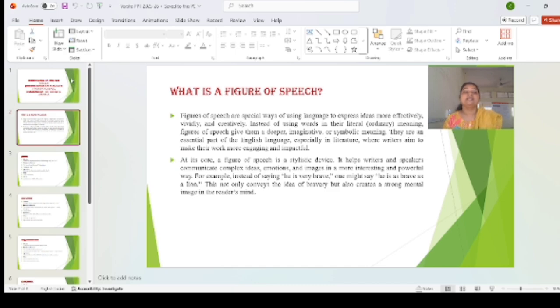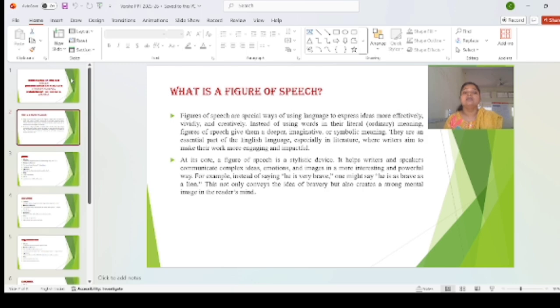A figure of speech is a special way of using language to express ideas more effectively, vividly, and creatively instead of using words in their literal meaning. Figures of speech give them a deeper imaginative or symbolic meaning. They are an essential part of the English language, especially in literature, where writers aim to make the work more engaging and impactful.